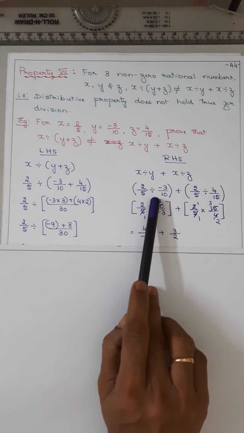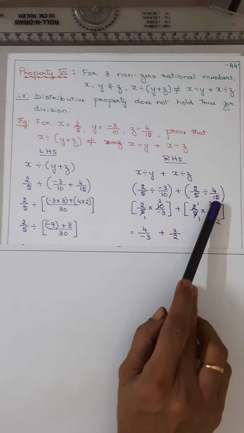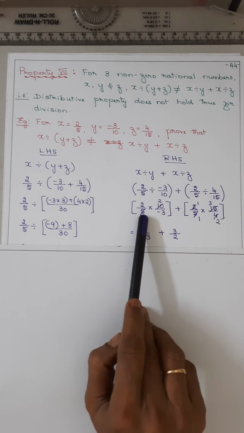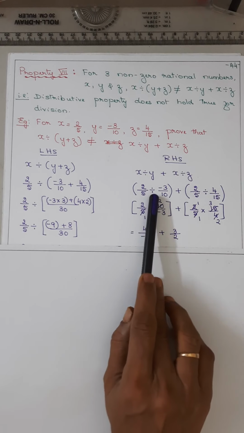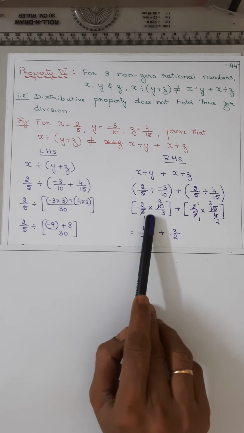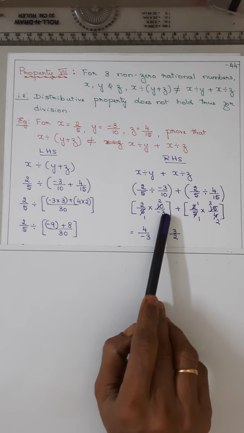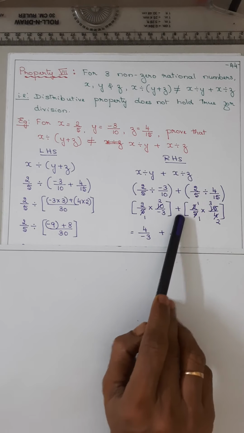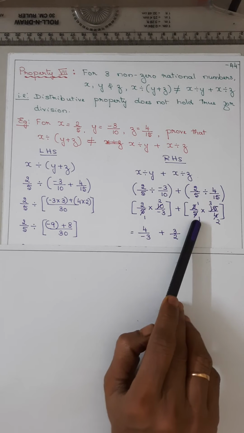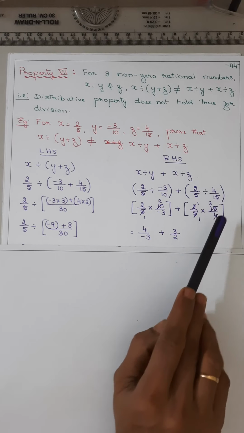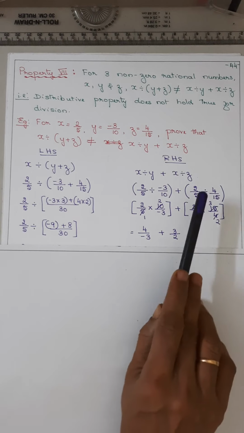This is division, here also division. What is the method of division? First write the first rational number, change the division sign to multiplication sign. Minus 3 by 10 becomes 10 by minus 3, plus sign, 2 by 5 as it is, division sign changes to multiplication sign, 4 by 15 becomes 15 by 4.